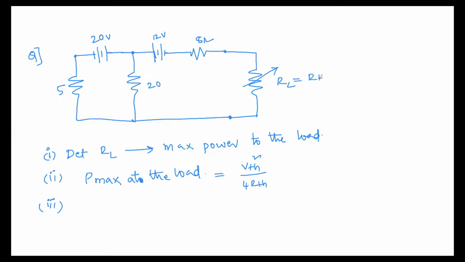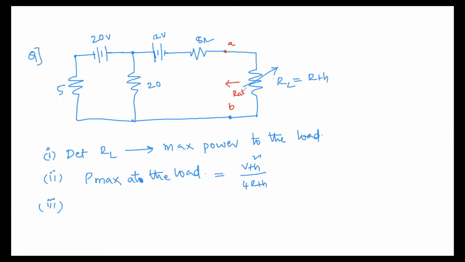In order to transfer maximum power to the load, RL must be RTH, so look through these terminals A and B. You get RAB.